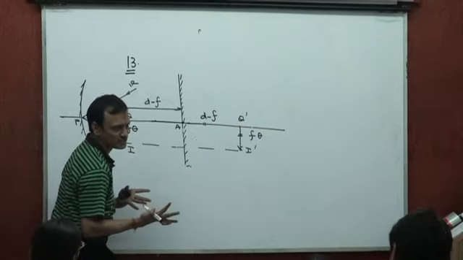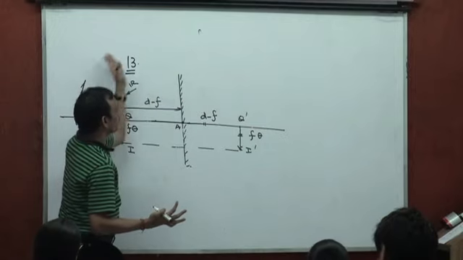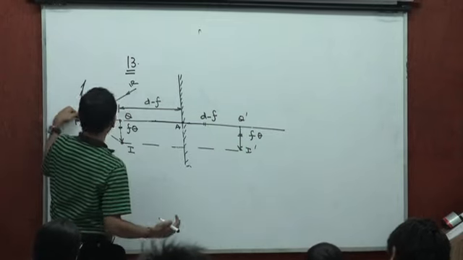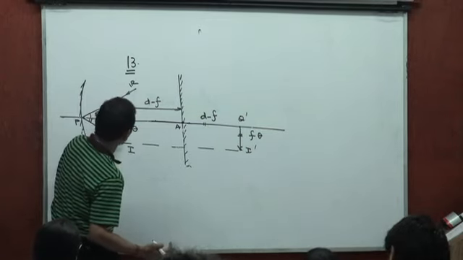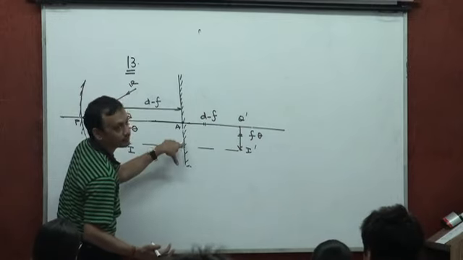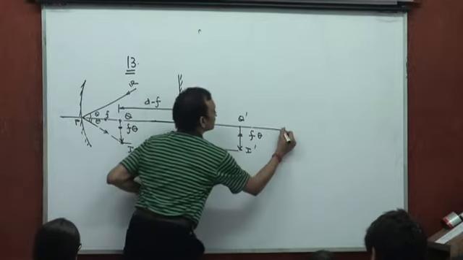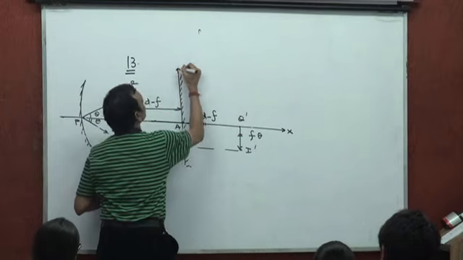This is after 3 successive reflections, right? 1, 2 and then 3. For the third reflection, this is the object, this is the reflecting entity, this is the final image. It's given that this is the x-axis, this is the y-axis.